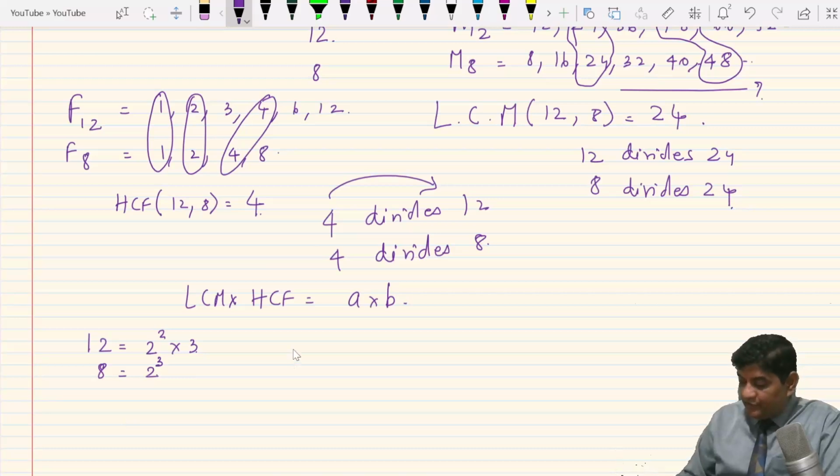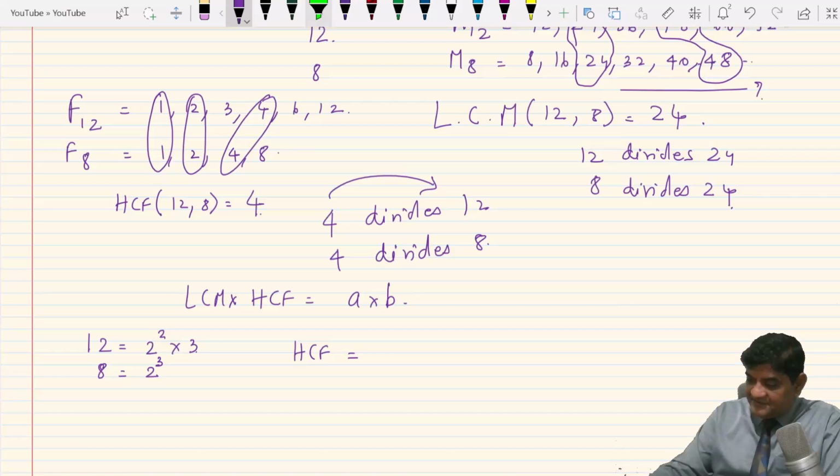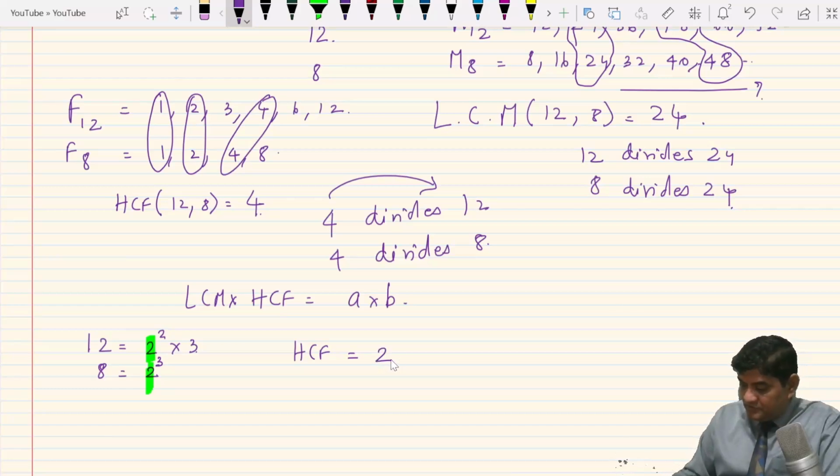So what are you going to do for HCF, which is the highest common factor? For the HCF, you're going to take the common factors. In this case, the common factor is 2, and therefore I'm going to take 2, and then I'm going to take the least power.